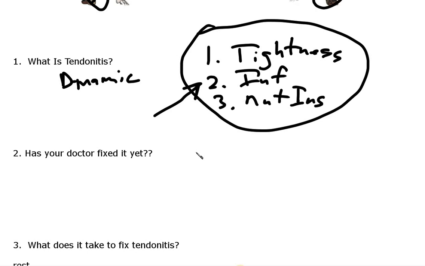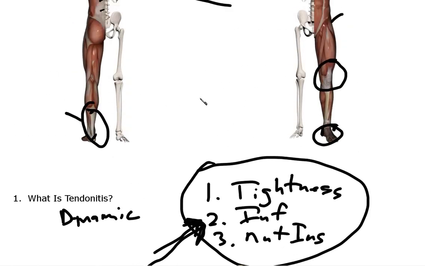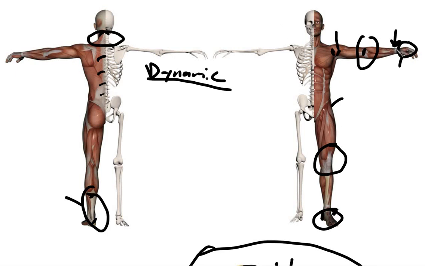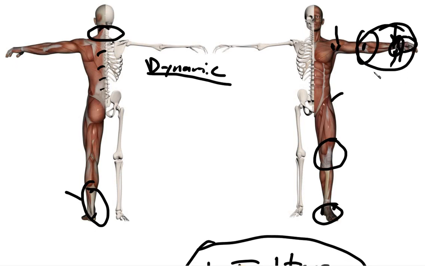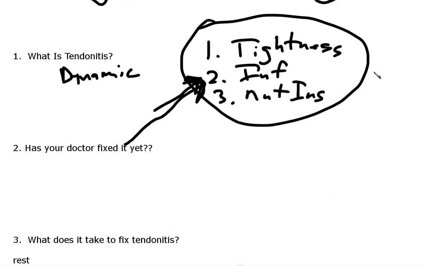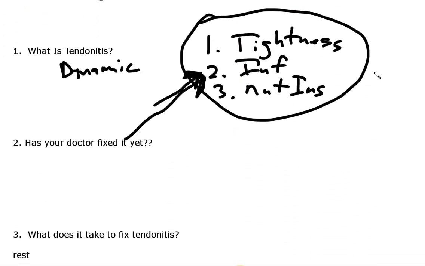It's because your doctor either doesn't know about this or doesn't believe in it, or, as embarrassing as it is to say, they think that if you have pain right here at the wrist, that's where the problem is. But that's not where the problem is. The problem is the entire ecology of the area. So that's why your doctor hasn't fixed it yet, is because it just hasn't done the right things. And one can have opinions about that, but ultimately you still have symptoms, and there's reasons you still have symptoms. And if you want to get rid of the symptoms, then you can.